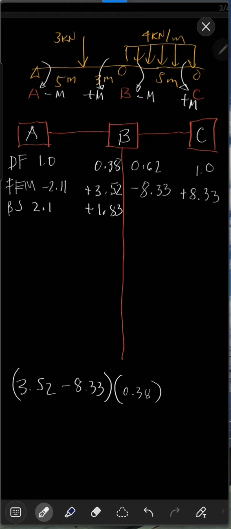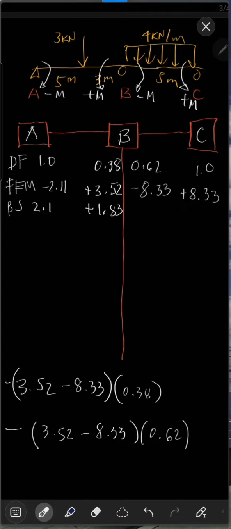Then for BC, negative summation of FEM, the quantity of 3.52 plus negative 8.33, multiplied by 0.62.